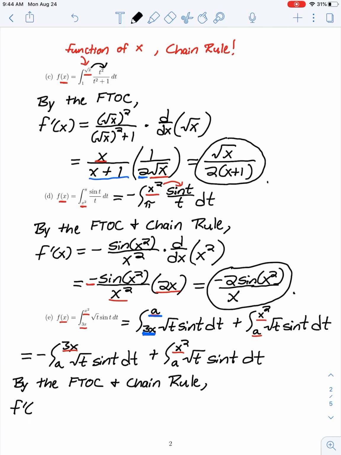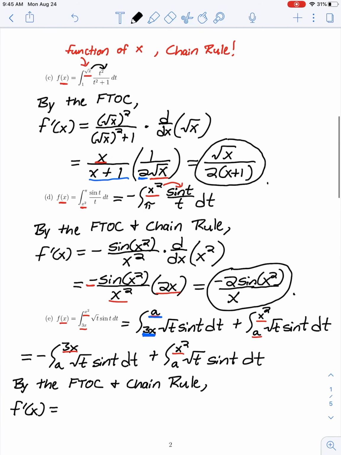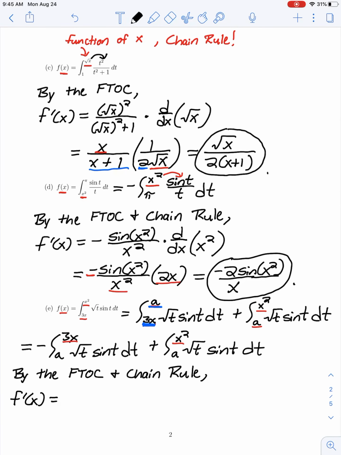the derivative of the function that we were given, f of x, which we would call f prime of x, is equal to, well, for the first part, we have a negative, and we're taking our upper limit of integration, 3x, and we're substituting it directly into the integrand.